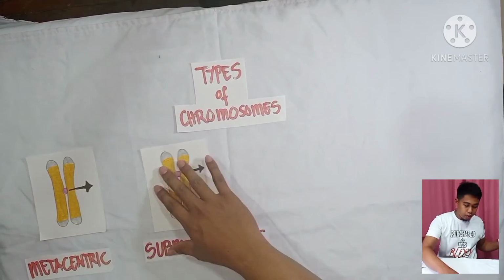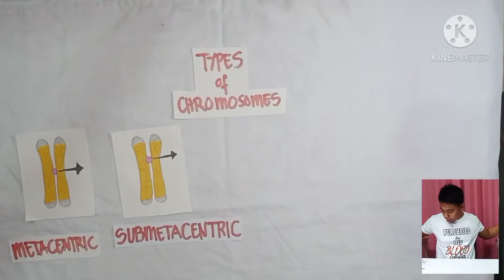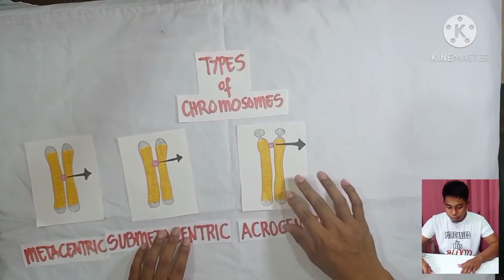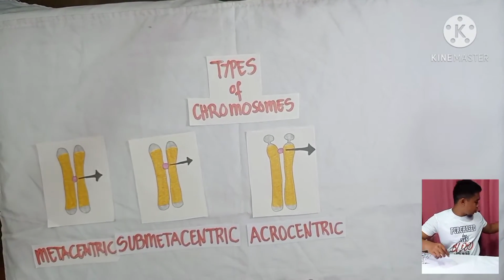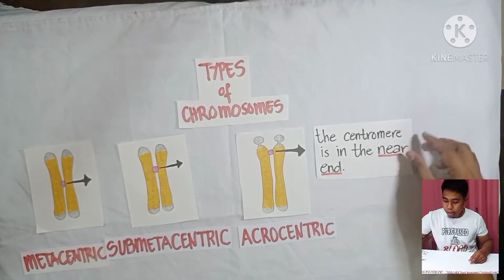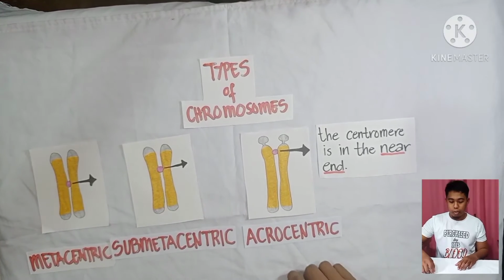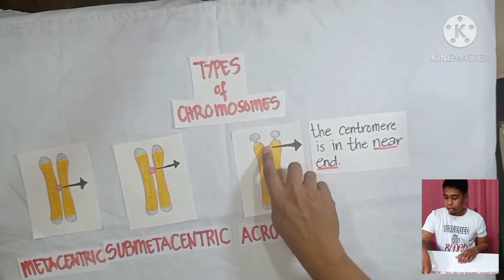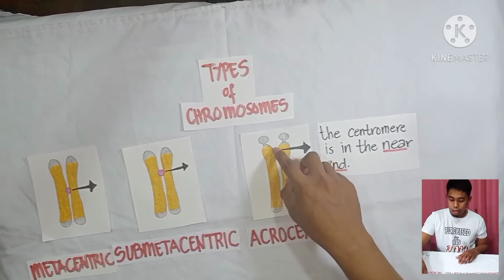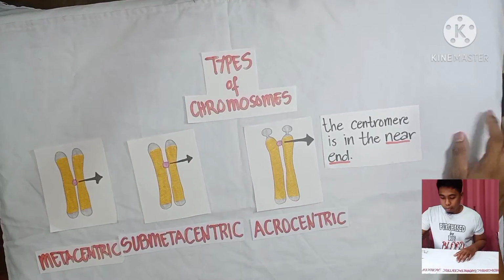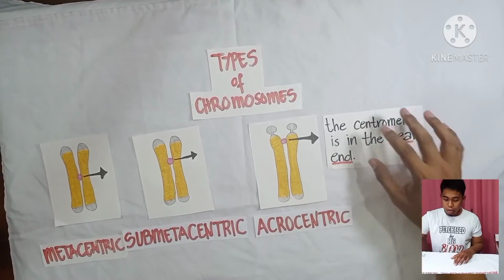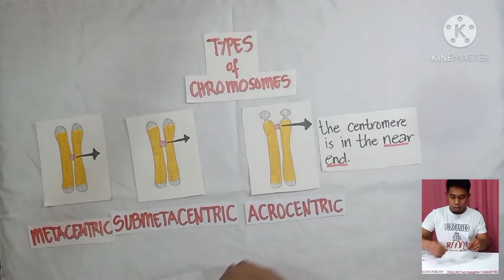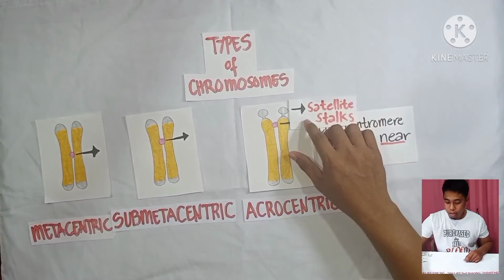The next type of chromosome is called the acrocentric. When we say acrocentric, the centromere is near the end of the chromosome. As you can see here, the centromere is near the end of the chromosome. In an acrocentric, there is a part that we call satellite stalks.